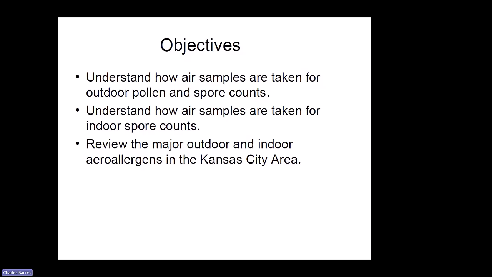Over in California, you get some unusual ones like eucalyptus, and down in Florida, you get lots of invasive species coming in from South America. But for most of the country, the ones we'll talk about will be the major aeroallergens, aeropollen and spore allergens that you'll see.